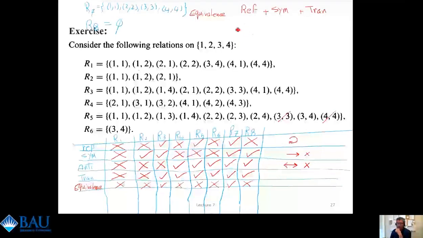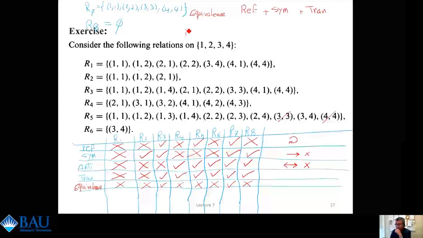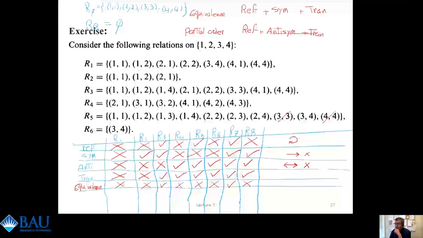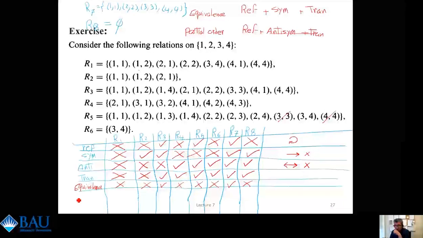The other one is partial ordering, or partial order. If it's reflexive, antisymmetric, and transitive, reflexive, antisymmetric, transitive, we call it partial ordering.